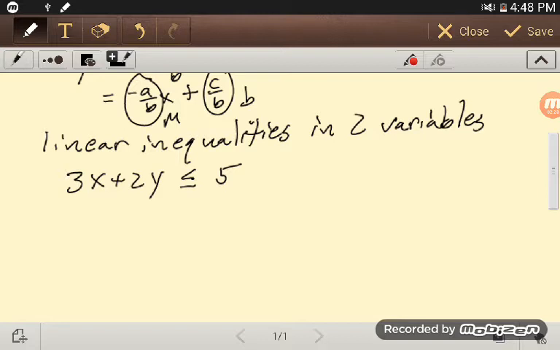We want to look at this, and before, we could look at points that satisfied an equality. So if I let x equal 1 and y equal 1, that's 3 times 1 plus 2 times 1 equals 5, and certainly that's less than or equal to 5.